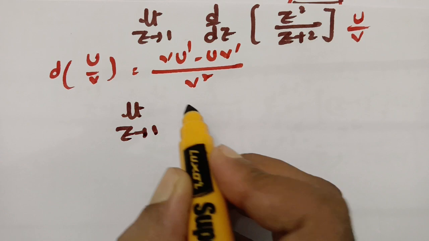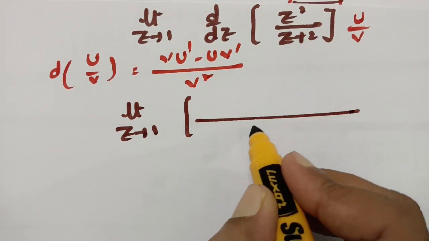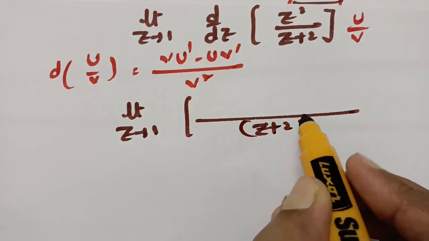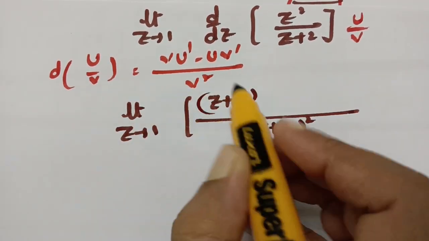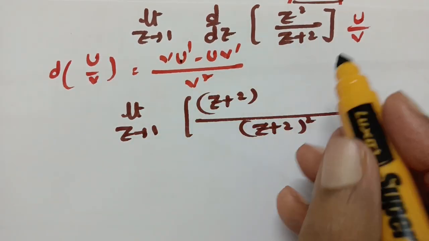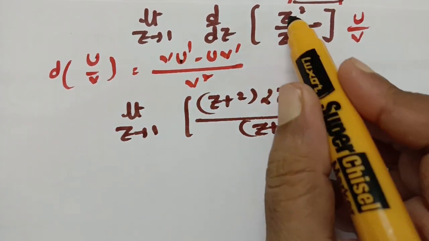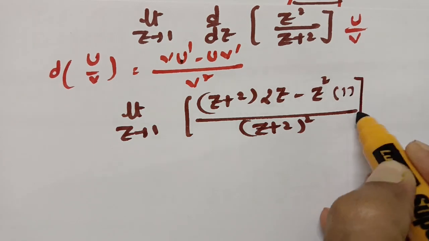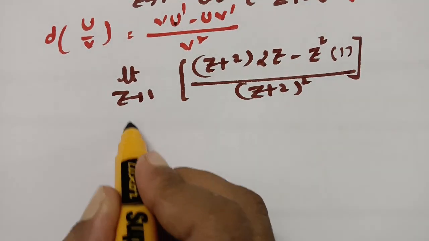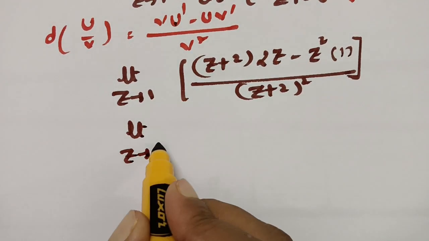Therefore, if I make the derivative, with z tends to 1, it will be (z plus 2) squared in the denominator; we write v once and make u a derivative, that is 2z, and again leave u and make the derivative of v, and substitute z is equal to 1.